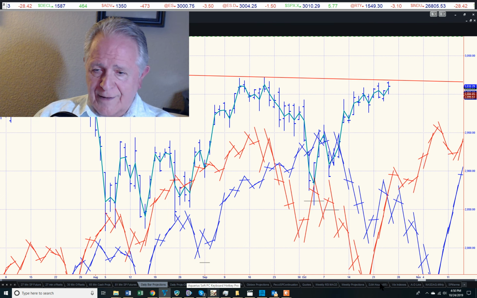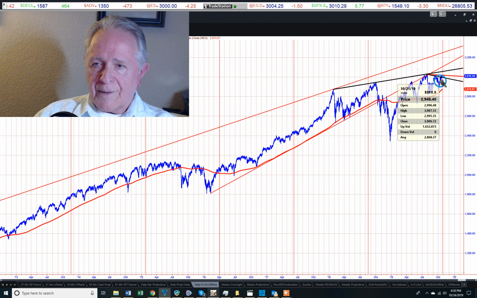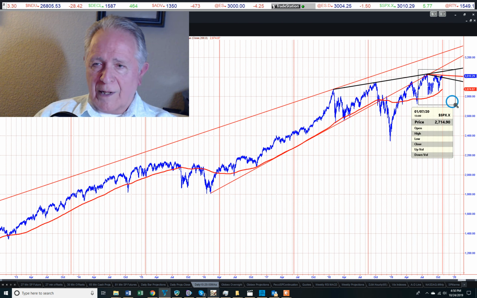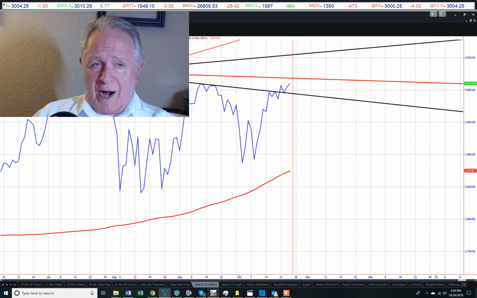If I can find it. It's hiding somewhere here. It must be under here. Here it is. Okay, so let's zoom in on this, and we have the two projection lines right here. I keep calling them projection lines. They're simply trend lines. Remember this one now. Let's show you the closing price chart.